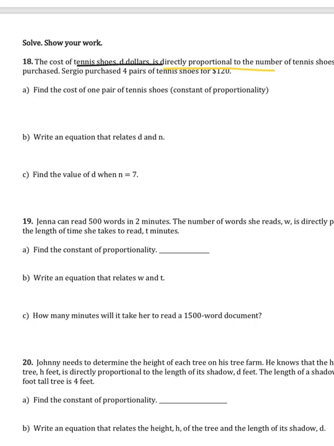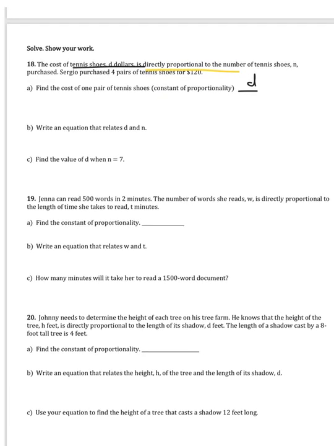D is directly proportional to the number of tennis shoes. So this is dollars, number. He purchased 4 pairs. That will go on the bottom as the number, and the dollar amount on top. If I divide those, that'll give me my K.